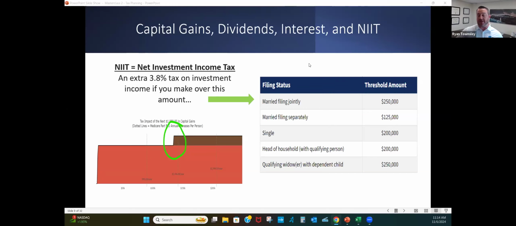Or, I've done this a lot, if a client has a big purchase they want to make, you can split the raise of that cash between 2 years. So if we're talking about, hey, in January we want to buy a new boat or an RV, well, let's sell some of these in December and let's sell the rest of them in January. We could literally do it a couple days apart and not have to pay this extra 3.8% because we kept our income below these limits.